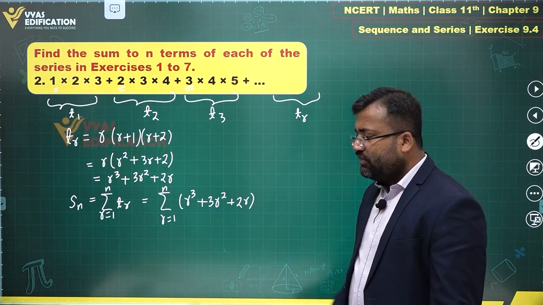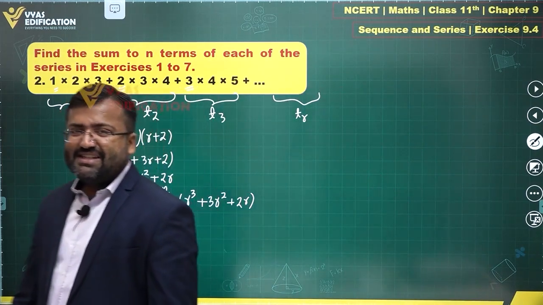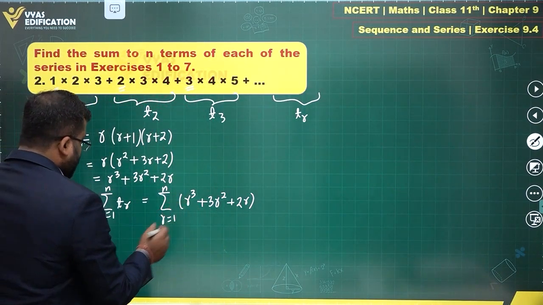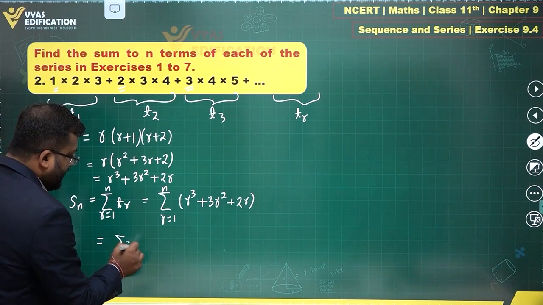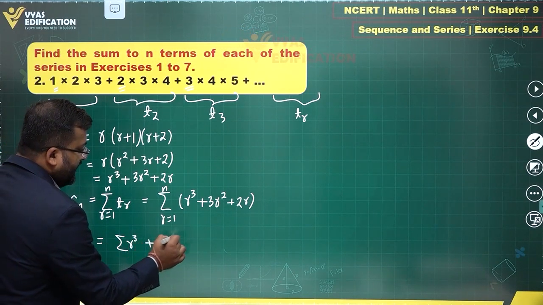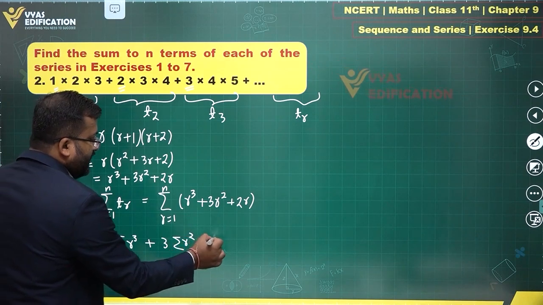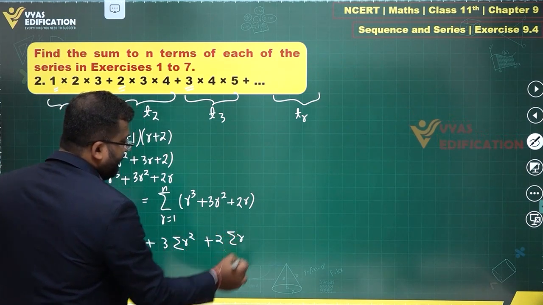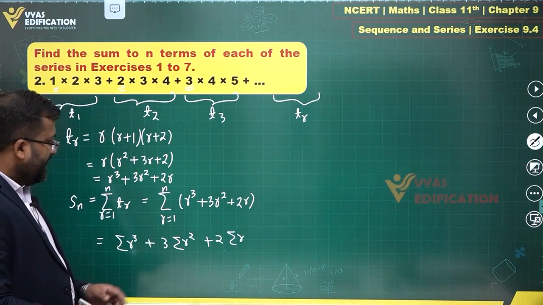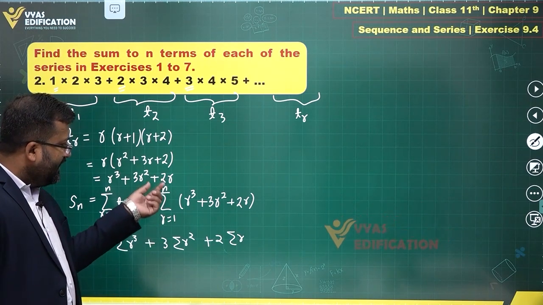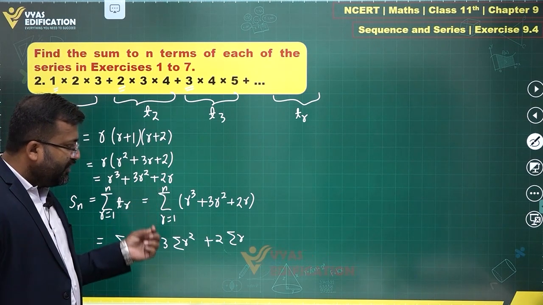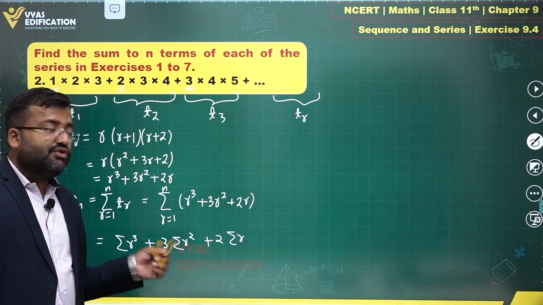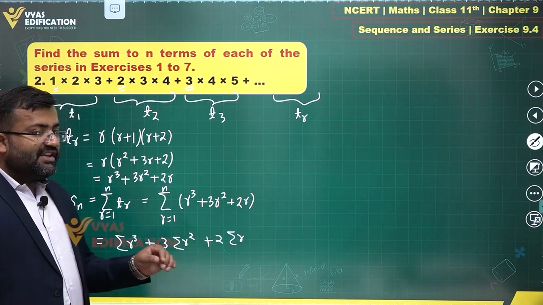Now let's separate them out first. Let's separate out the 3 sigmas. This will be sigma R power 3 plus 3 times sigma R square, 3 is a constant that will come out common, plus 2 times sigma R. Is it necessary that you write the limits of summation from lower limit to upper limit? Yes, it is very necessary that you should mention that in each and every step.